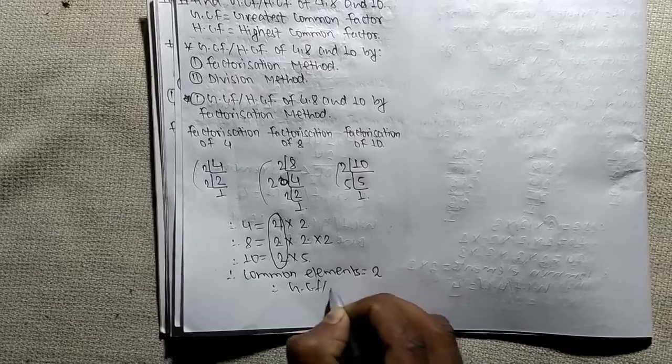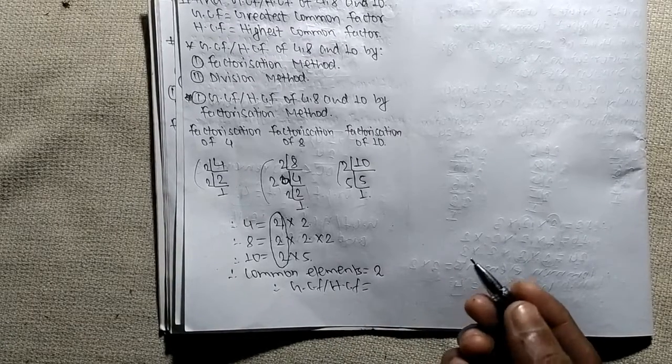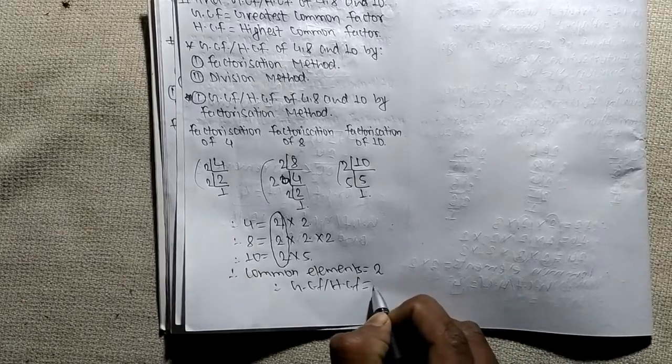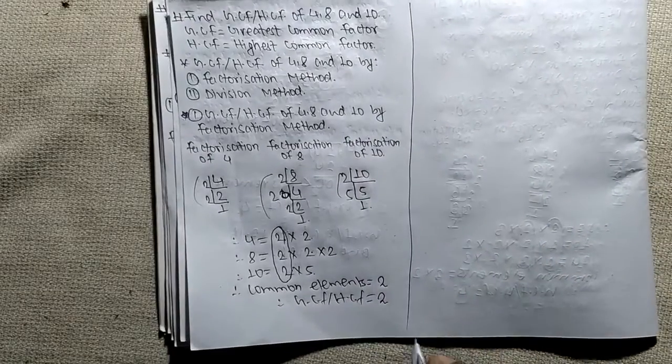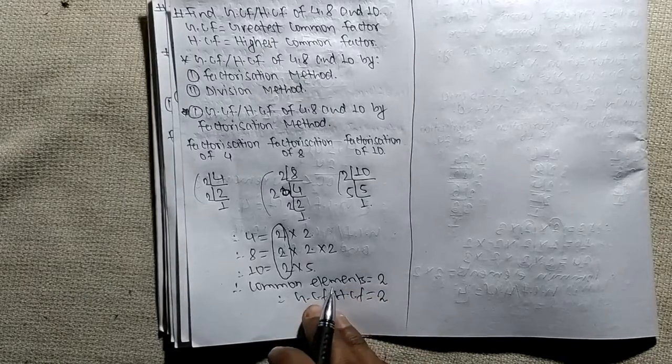Therefore, GCF or HCF is the product of the common elements, but our common element is only 2. So GCF or HCF becomes only 2. In this way, we can find GCF or HCF by the factorization method.